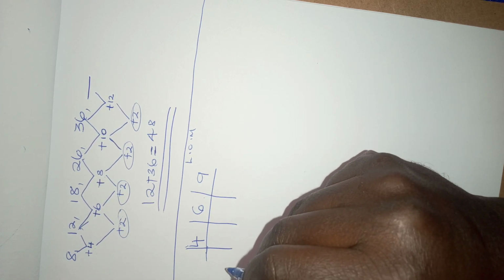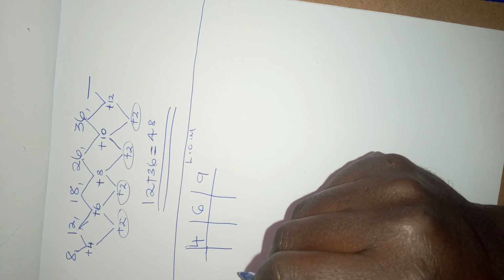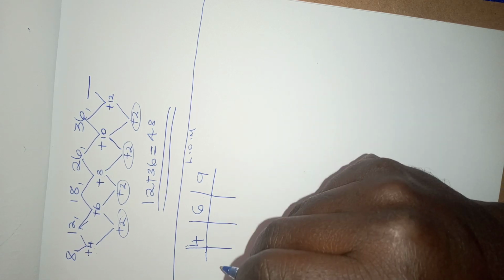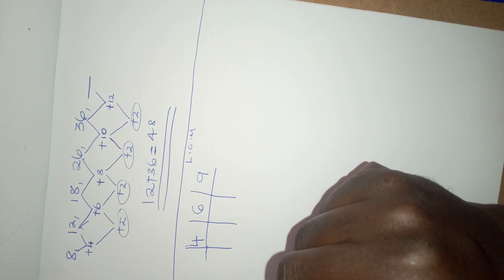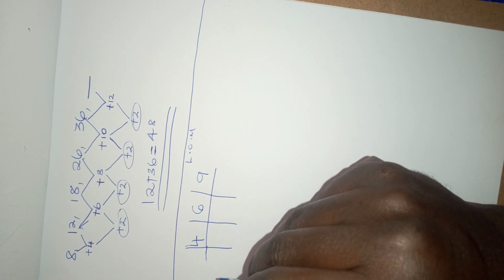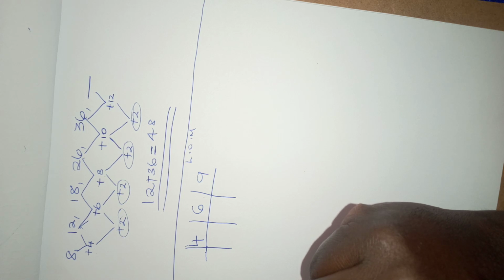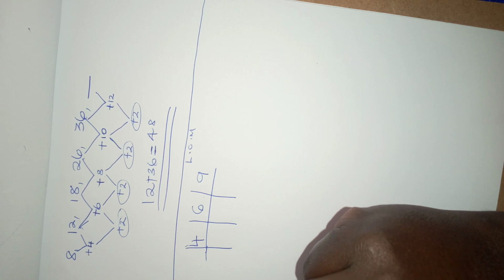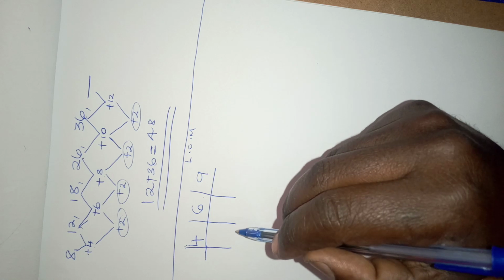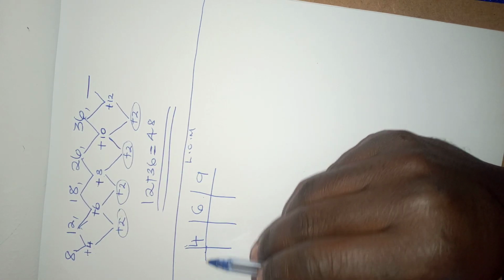So we get a common number that can be used to divide through the numbers, and that number must be the smallest prime number. The smallest prime number that we have is 2. We check if 2 can be used in dividing any of the numbers that are lined up.